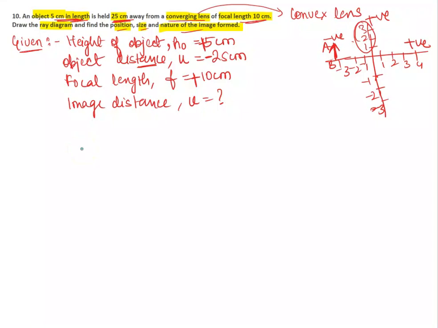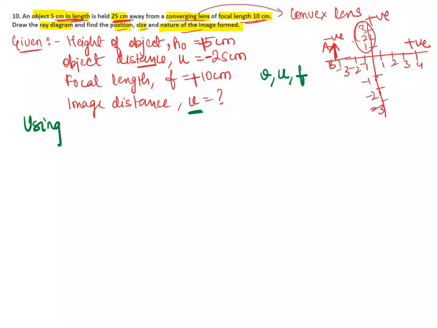Now to find v, we have the lens formula, which is a relationship between v, u and f.